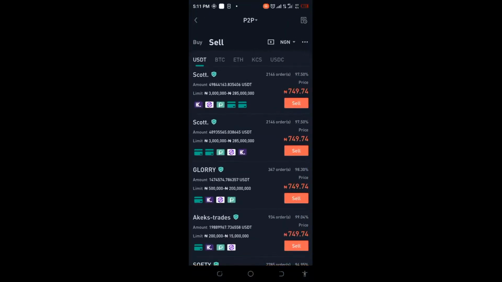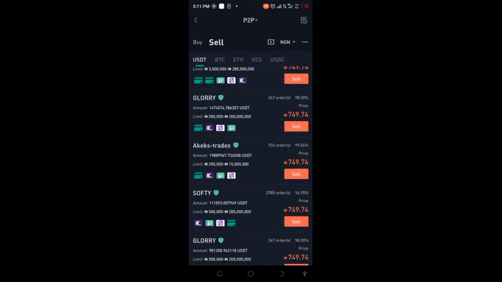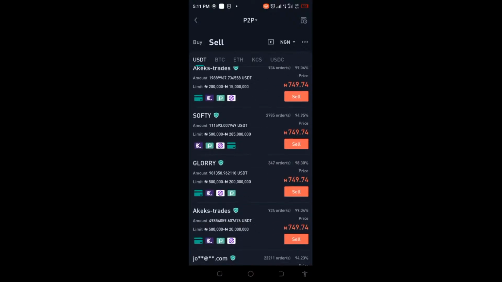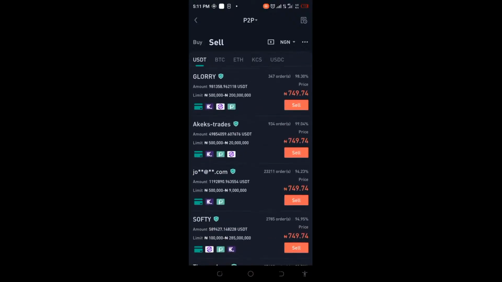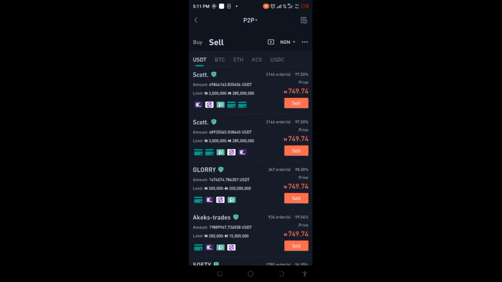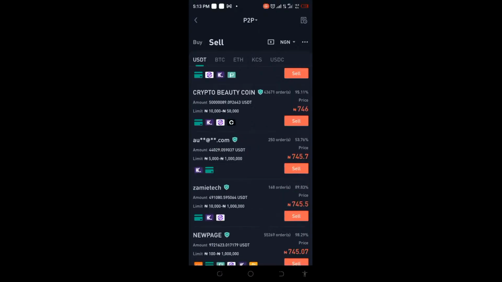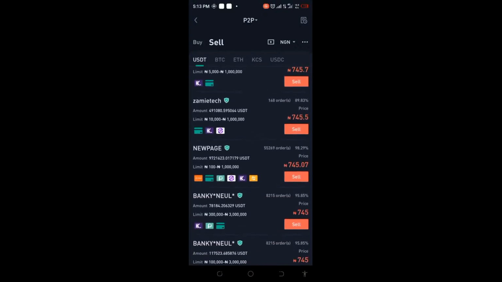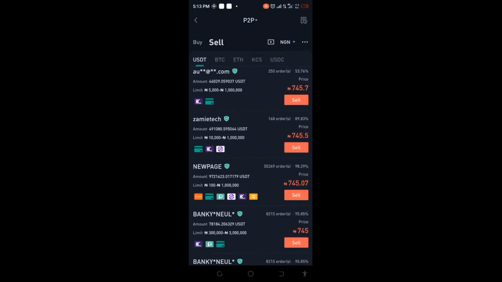Let's try and see whether we can put the range there, whether we can get the amount we're looking for. We're looking for $25, okay? So that we can even decide to actually sell this off. Sliding down, you can look for the price range that you actually want to use.